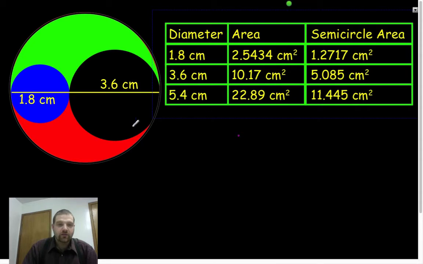And the 5.4 circle, which is the large circle, we have an area of 22.89 and a semicircle area of 11.445.